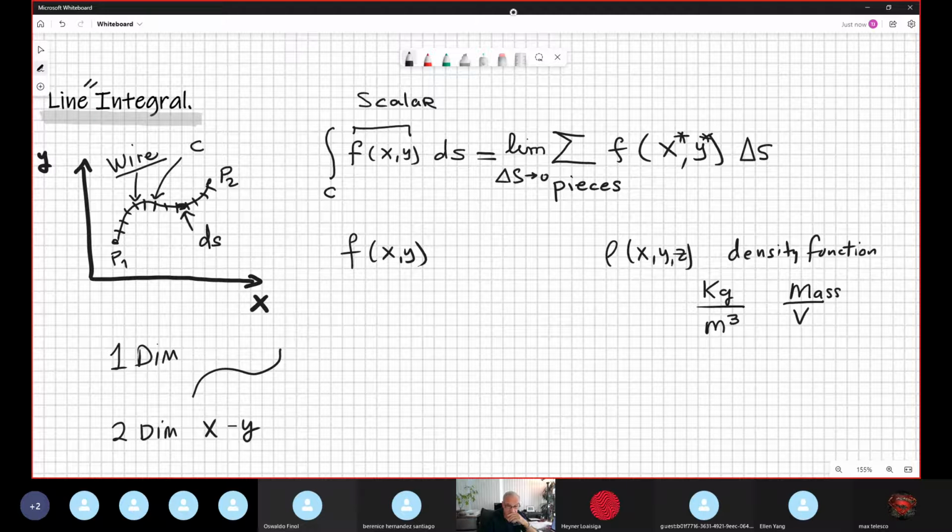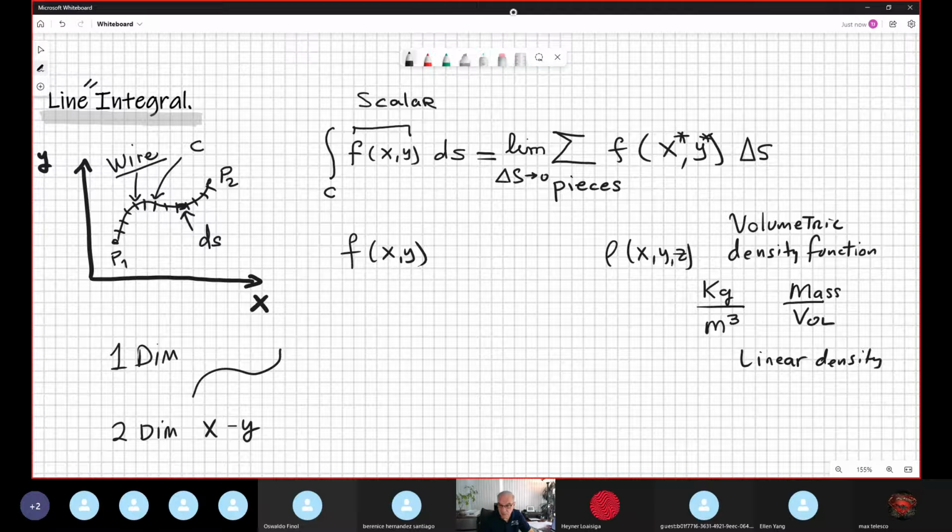But in this case, I suppose that the function is a density function, but not volumetric. It's not mass divided by volume, it's a linear density function.